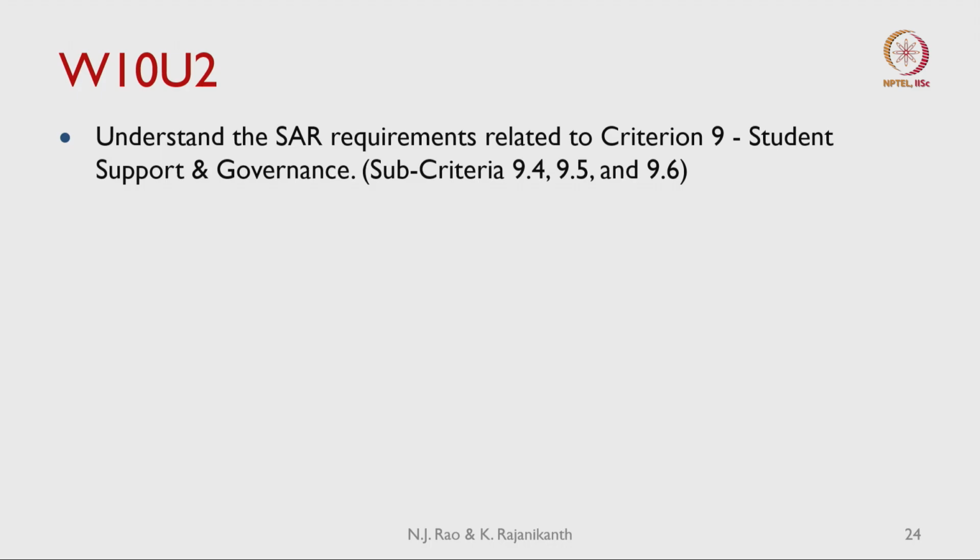So, that completes the first 3 sub criteria of criterion 9: 9.1, 9.2, 9.3. In the next unit, we will continue with criterion 9, student support and governance, but now sub criteria 9.4, 9.5 and 9.6.